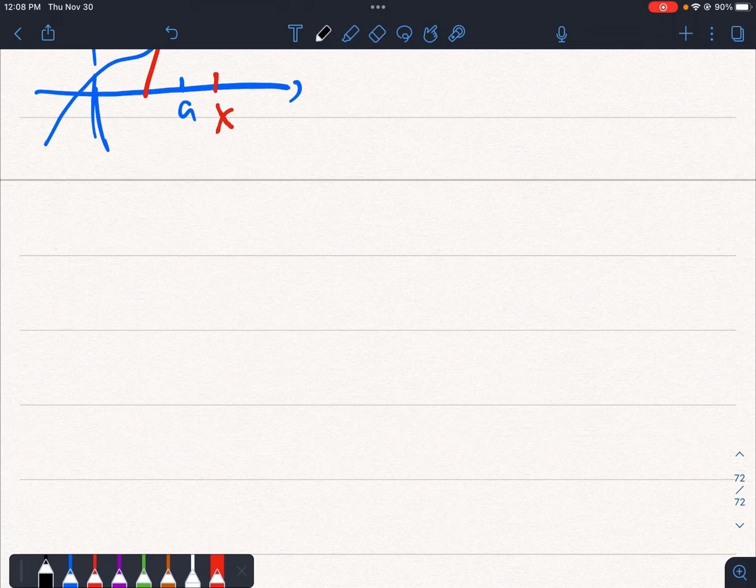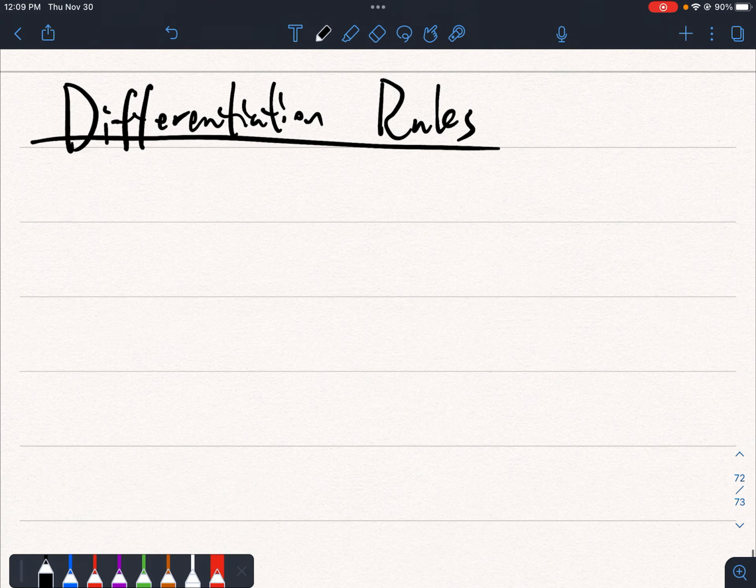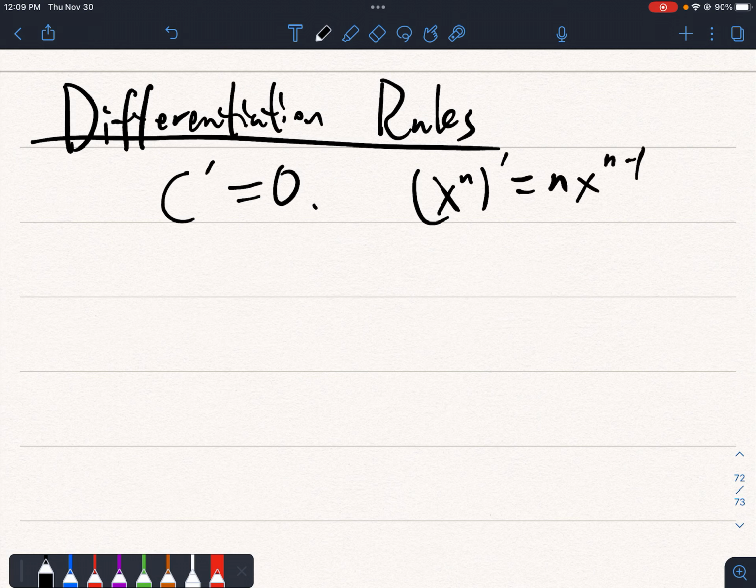Okay, so maybe I will talk about some simple rules of differentiation. So let me talk about some differentiation rules. So first we have discussed that the derivative of a constant is 0.